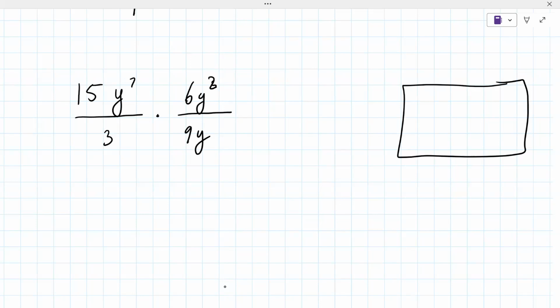What is your final answer? 10y to the 8th over 3. Like that? Yep. You are close, really close here. I'm sorry. No, you are correct. I can't read my own handwriting. Yes. All right. Very good.